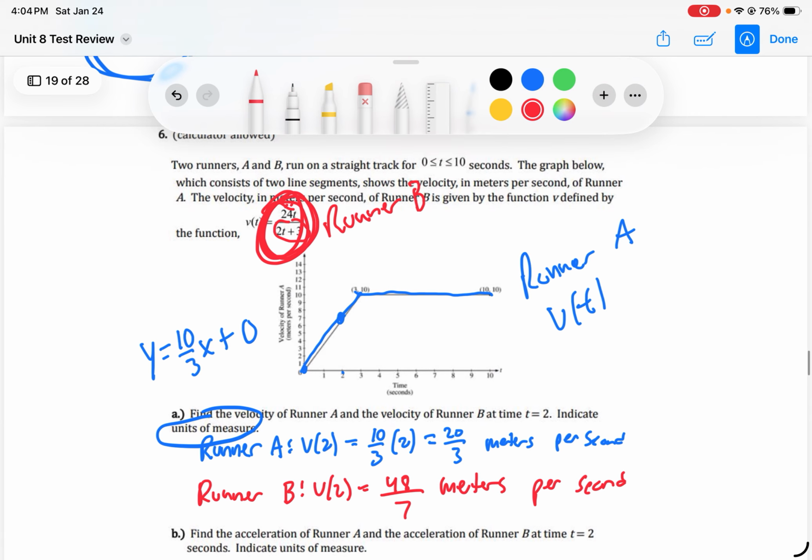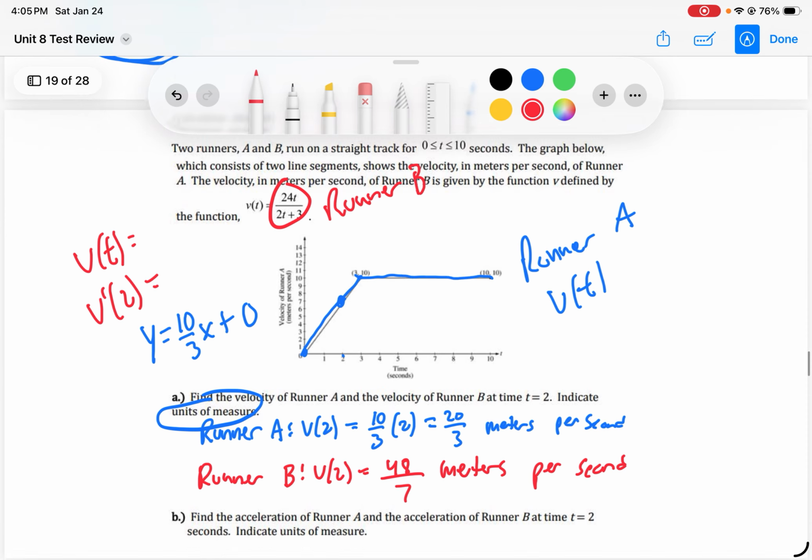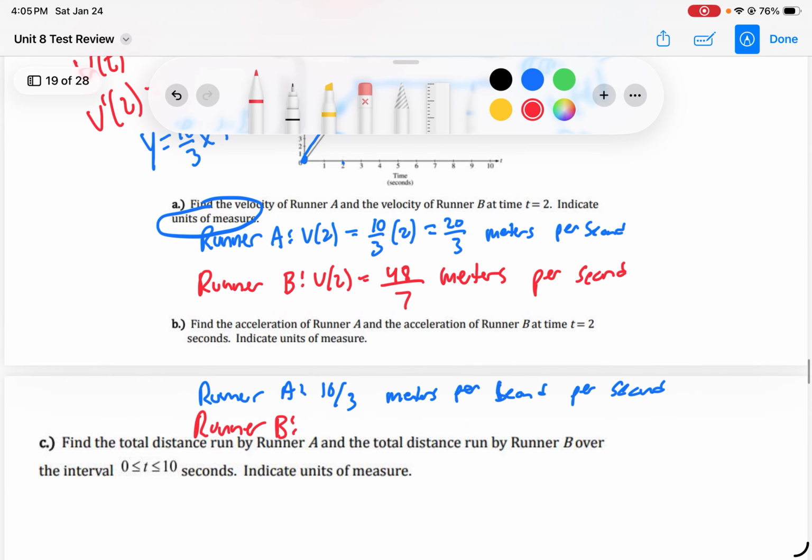Or if I define V in my calculator into Desmos, say this is V of t, write that, and then V prime of 2, and you plug that into the calculator, and it would tell you 1.4693 something. And then that would be meters per second also.